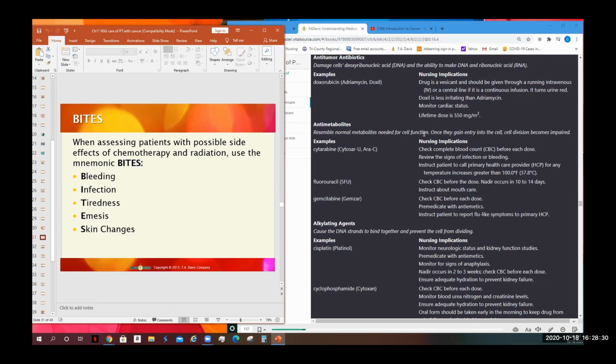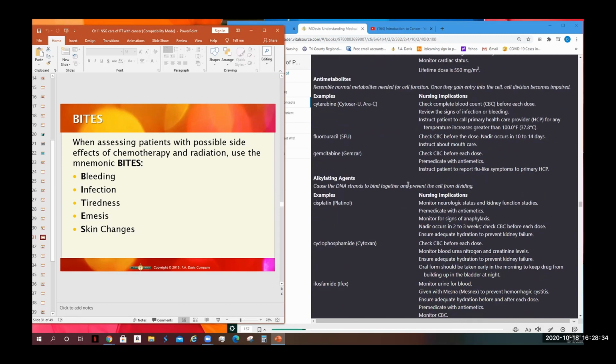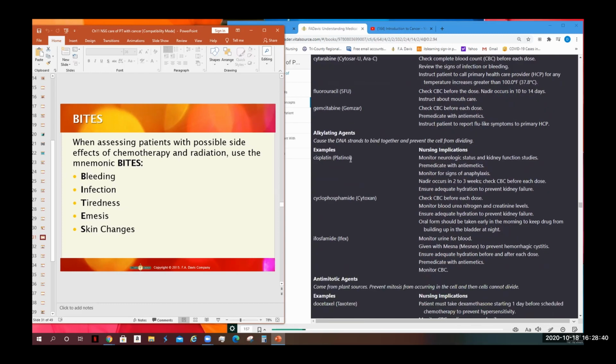The next group is the alkylating agents, and these cause DNA strands to bind together and prevent the cell from dividing. So examples would be platinol, also called cisplatin, and the nursing implications for this alkylating agent would be monitor neurologic status and kidney function studies.